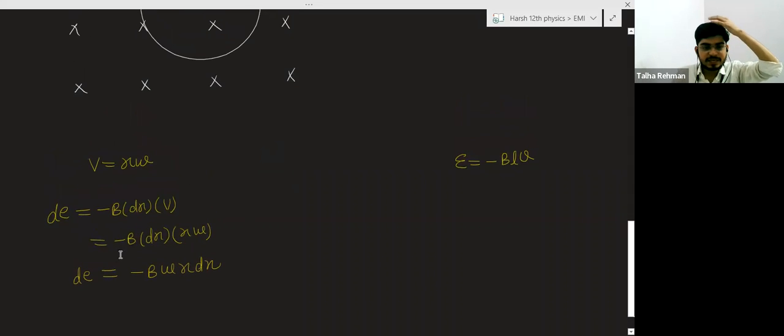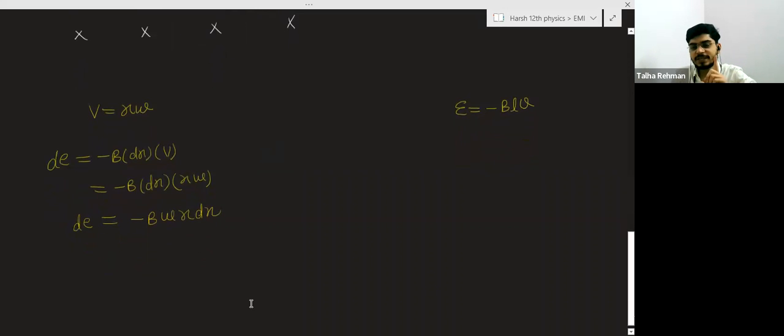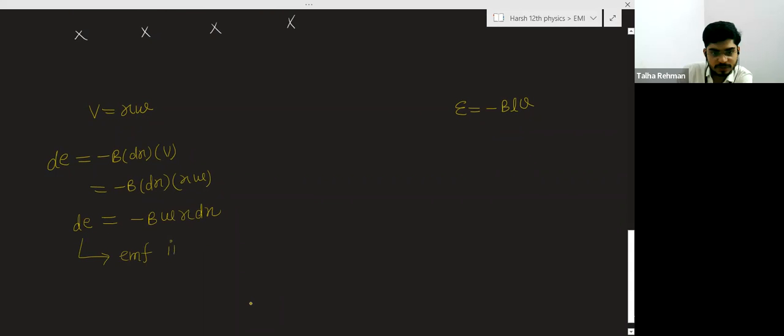This dE is the small EMF induced in a small element dx of wire.